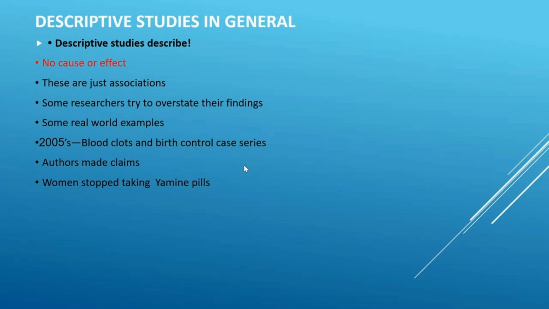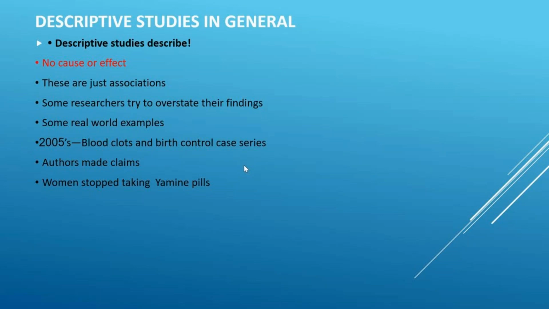Like in 2005, it was observed in certain populations that the females who were using a certain type of contraception which contained drospirenone, several cases were reported that they have developed blood clots in their leg veins. Some cases of deep venous thrombosis were reported.